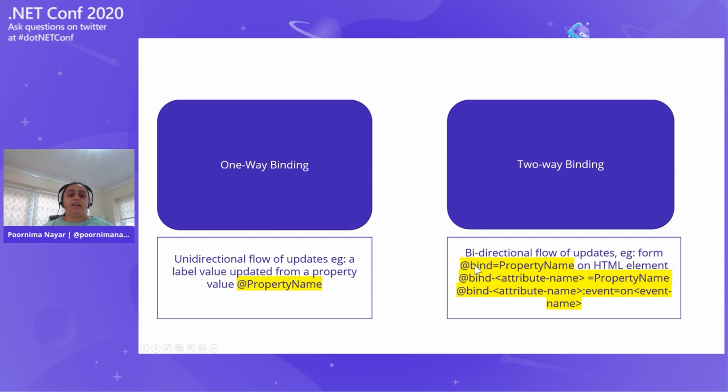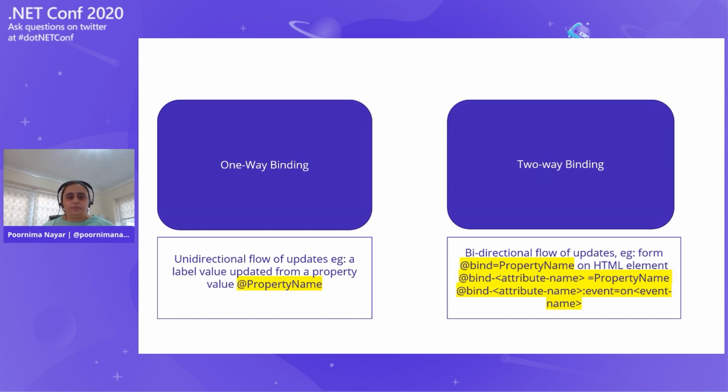This attribute is specified on HTML elements, say input type text or input type checkbox. And the value of the bind attribute binds to a property name or a field name or even a Razor expression. The bind attribute is smart enough to understand which attribute of the native HTML element it should bind to.